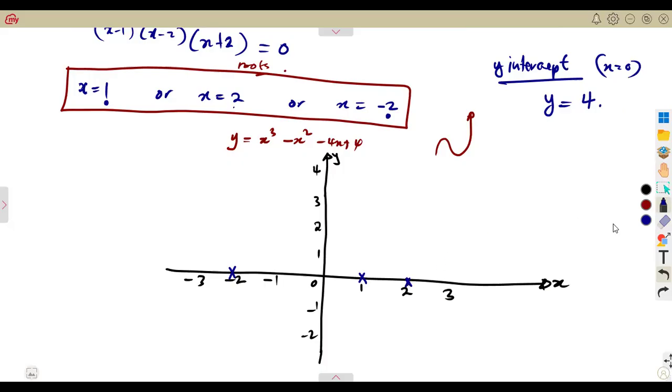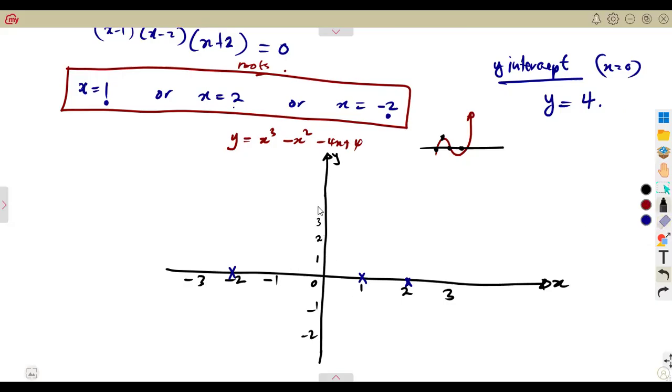All right. So what we know is that in between the x-intercepts, there's a turning point. Let me just try and reduce a little bit so that it does not stretch me further.